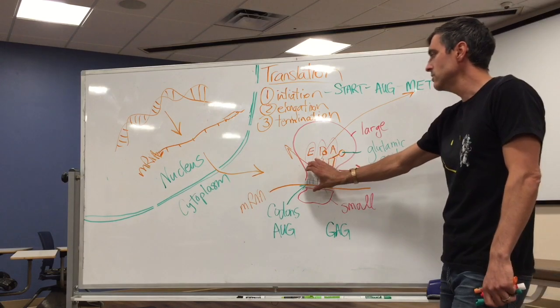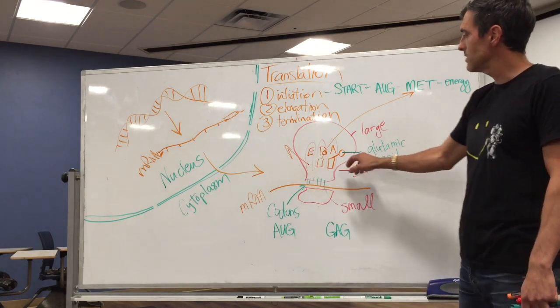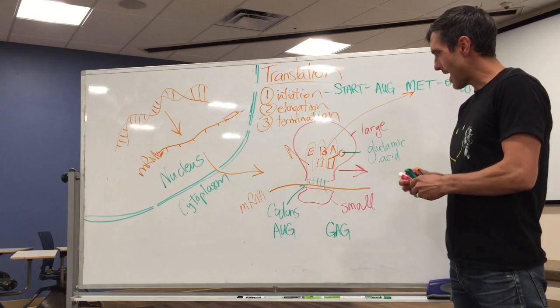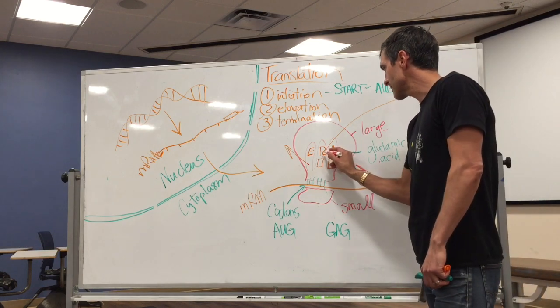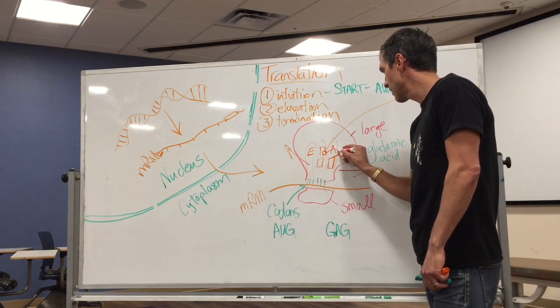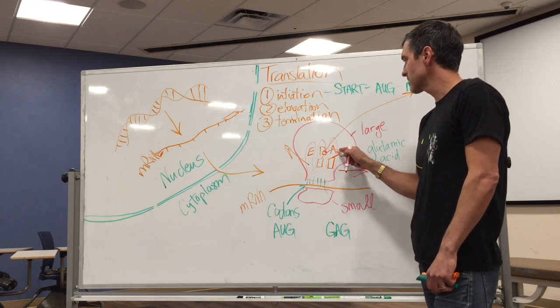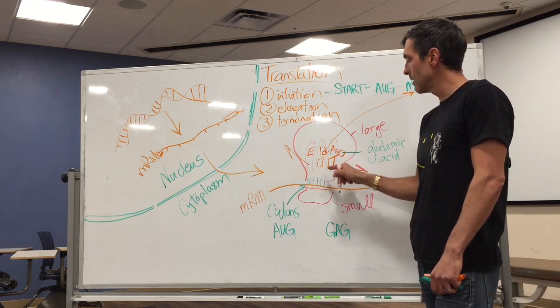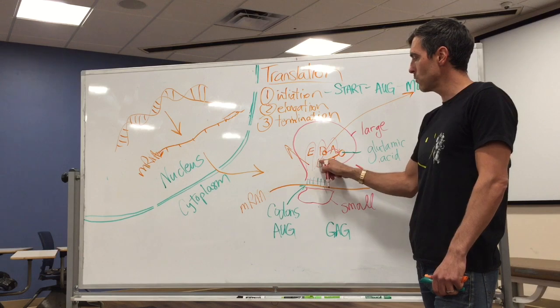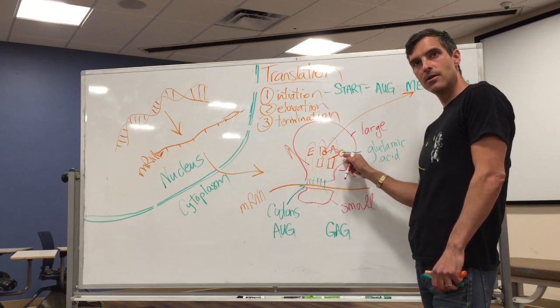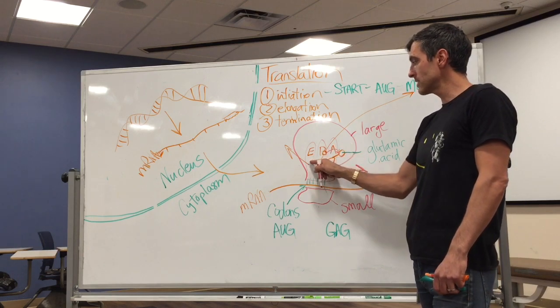So it's going to continue driving along, and each time you will have, this is going to shift over to that. So now it's going to have 2 amino acids. Because the polypeptide one transferred, then it's going to go to the exit site, it's going to leave.